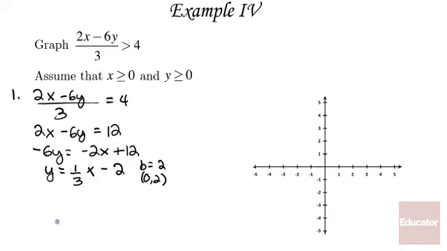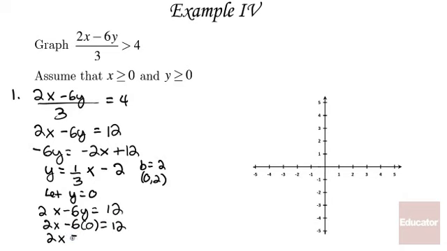I'm going to go ahead and find the x-intercept as well. So I'm going to let y equal 0 and plug it into 2x minus 6y equals 12. Substitute in 0. So I get 2x equals 12, or x equals 6.